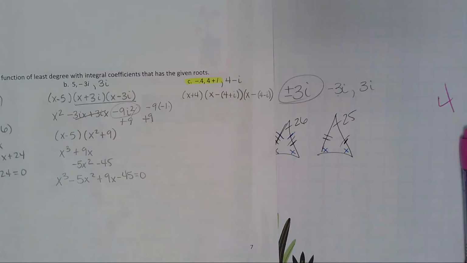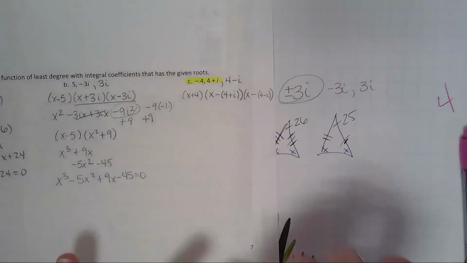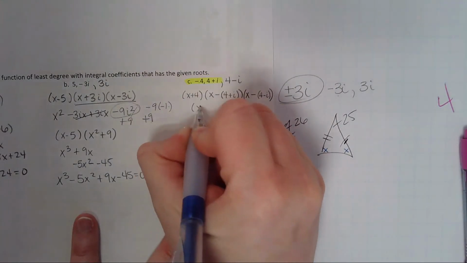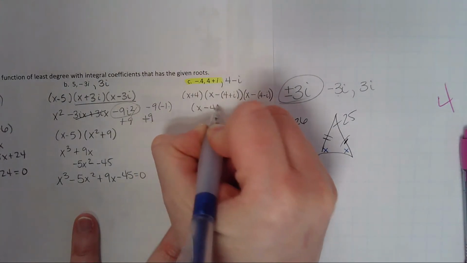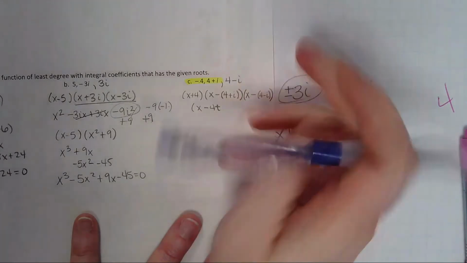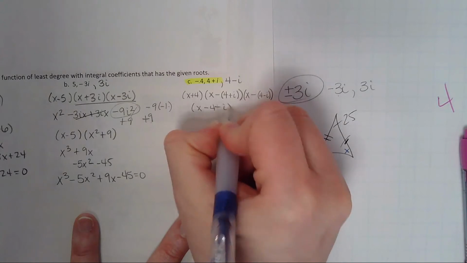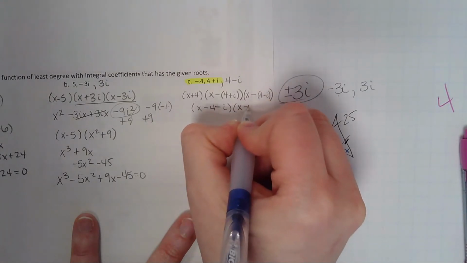So from here, doing the same thing, I'm going to multiply these two first. So this is really x plus 4 times x minus 4 plus i, times x minus 4 minus i.